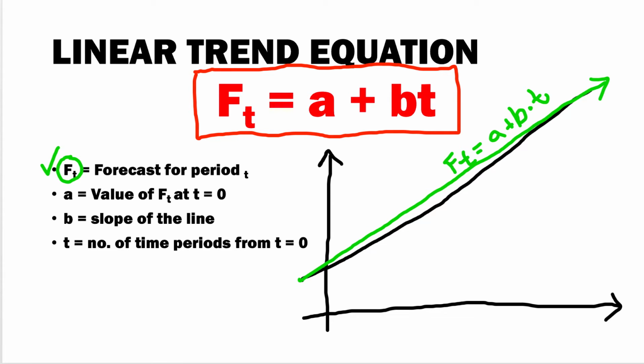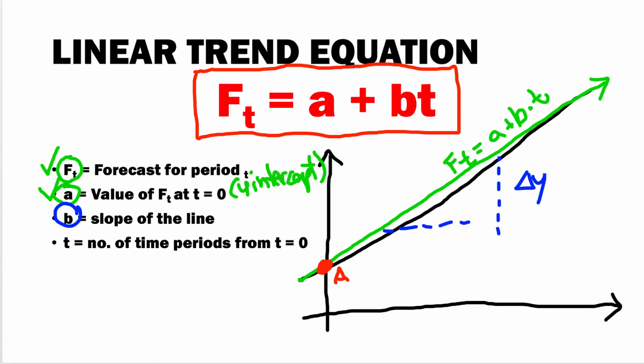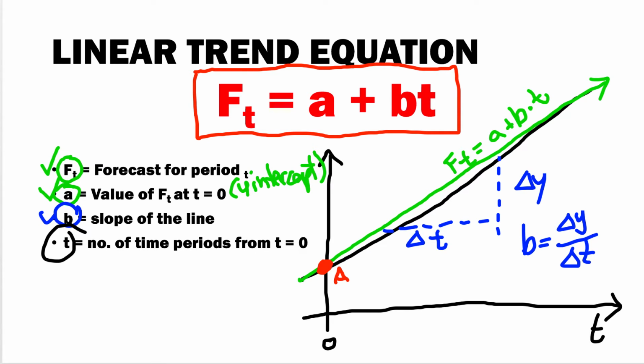A is the value of Ft at t equals 0, which is another way of saying it's the y-intercept and is located right here. B is the slope of the line, which we should know is the change in y over the change in t. T represents the number of time periods from t equals 0. Let's take a look at this in action.